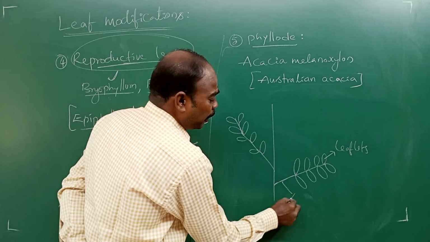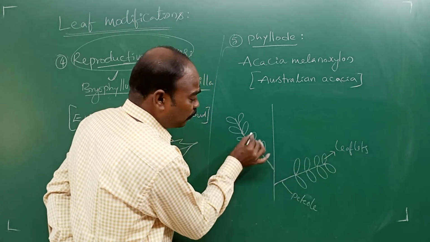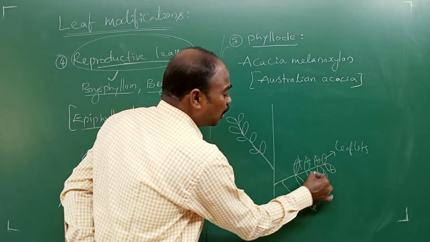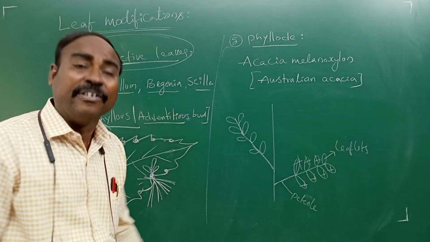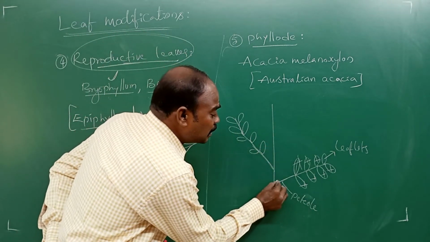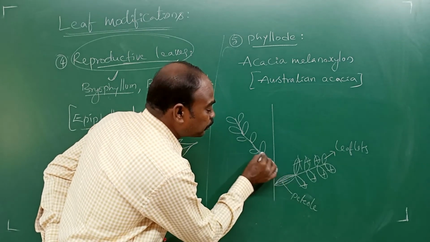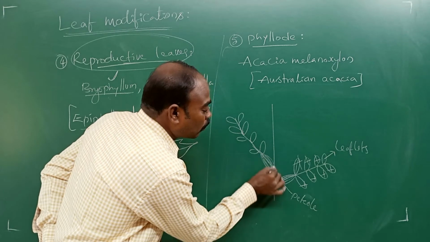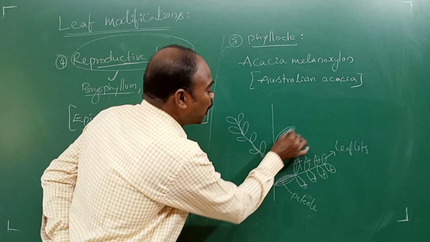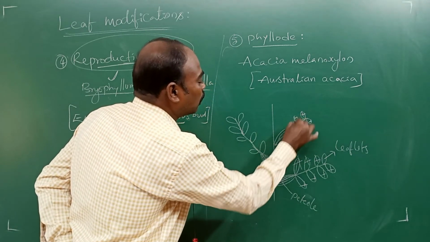This is the petiole, right? Top of the leaf. The leaflets are soon disintegrated or short-lived. Leaflets are short-lived and hence the petiole becomes bulged. So the petiole becomes bulged in these plants while the leaflets fall.